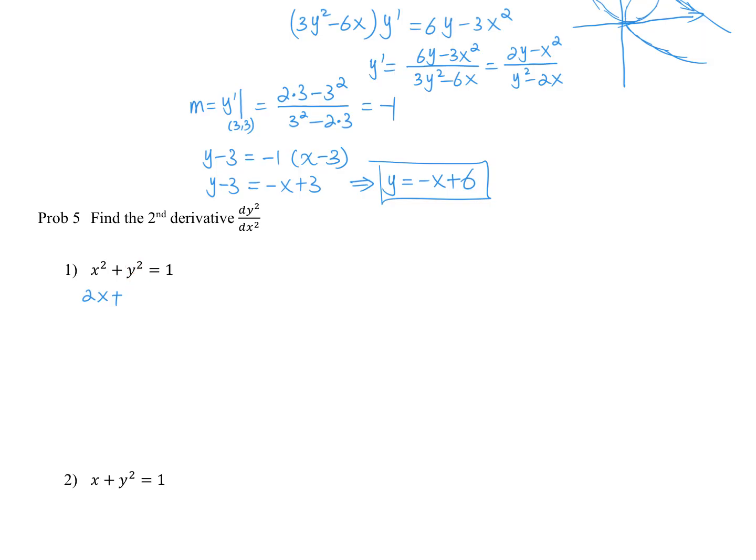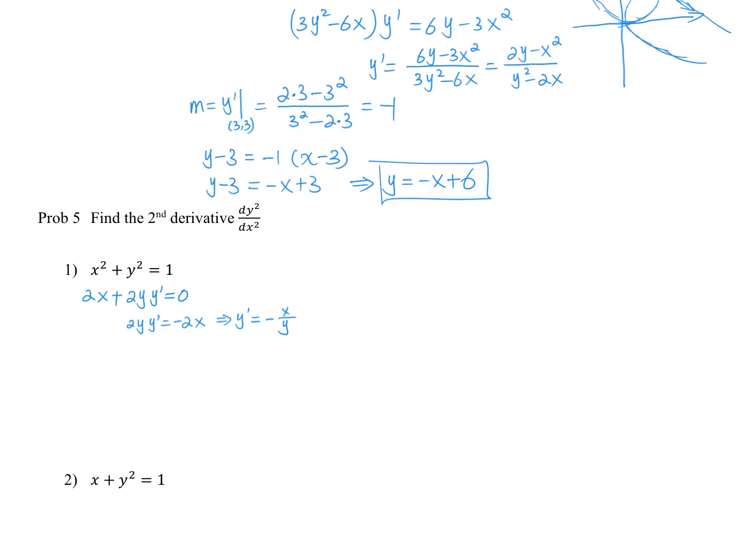The variables do not agree, so we have to use the chain rule: 2y times the derivative of y, dy/dx, right? Equals the derivative of the right-hand side, because it's constant, it's 0. And we solve for y prime, so we have 2y y prime equals -2x, or y prime equals -x over y, where the 2 is cancelled.